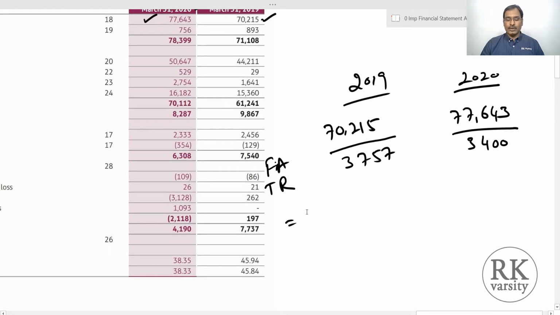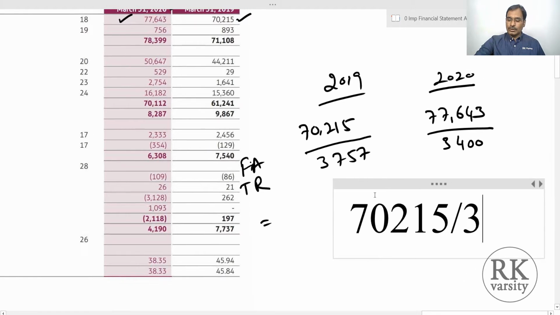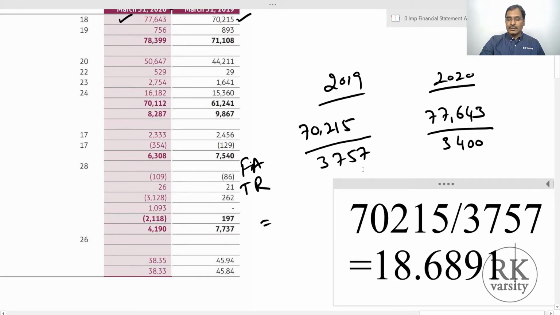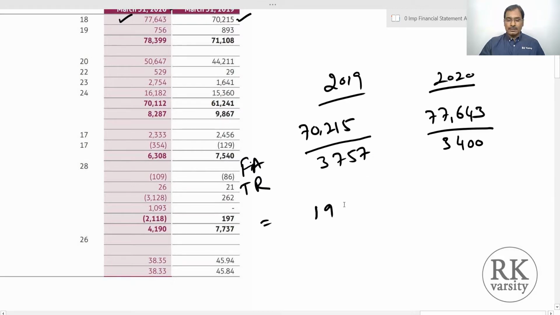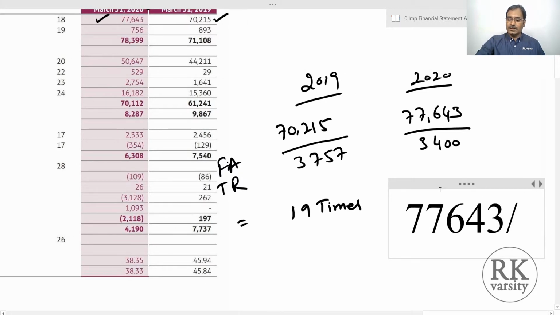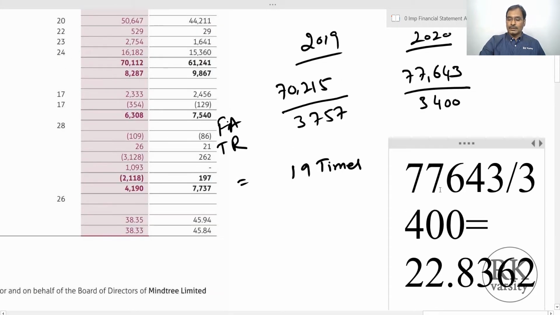So this equals 70,215 upon 3,757. So this is 19 times, you can say 18.68. It's 19 times. Whereas for 2020, this is 77,643 upon 3,400. 22.8, or let us say 23.